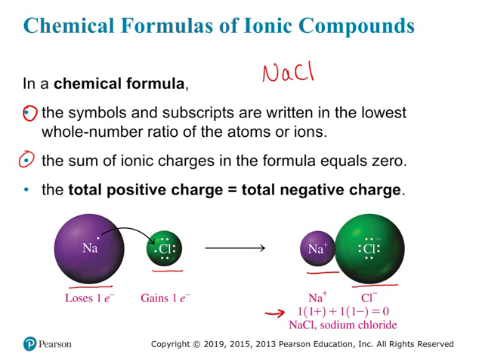We have one positive charge and one negative charge, and they cancel each other out to make a neutral compound. So we don't want to write, for instance, Na2Cl2. That's not representing the lowest whole number ratio of the ions. In an ionic compound, we assume that the compound is neutral, that its overall charge is 0. So within the compound, the total positive charge has to equal the total negative charge.